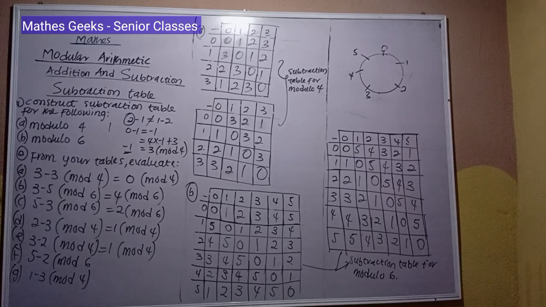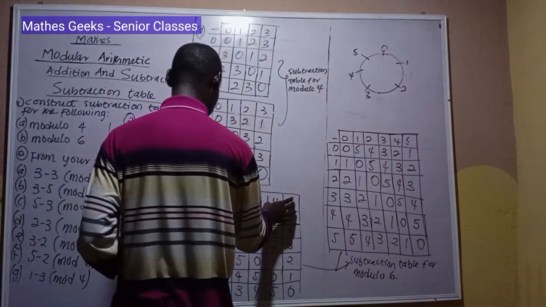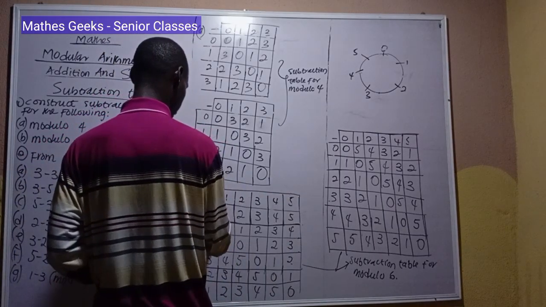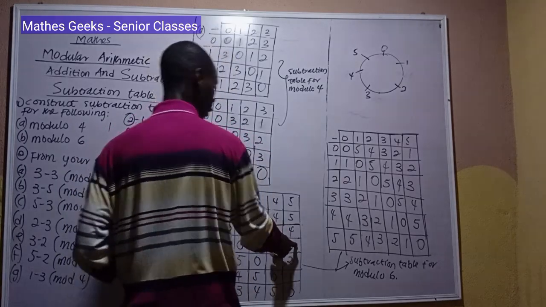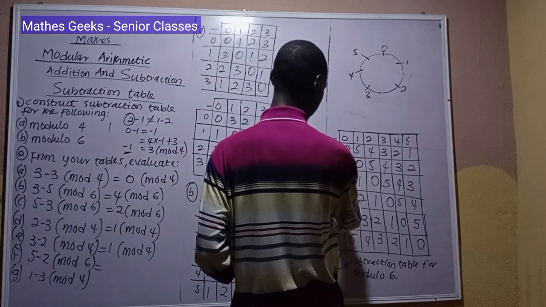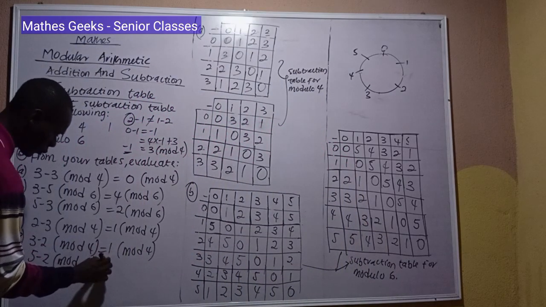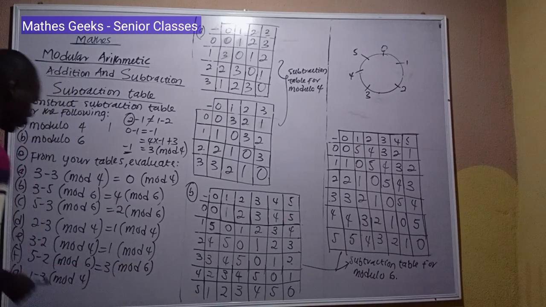Okay. And next one, 5 minus 2 mod 6. So mod 6, 5 minus 2 is 3. And then 5 minus 2 is 3, and mod 6.